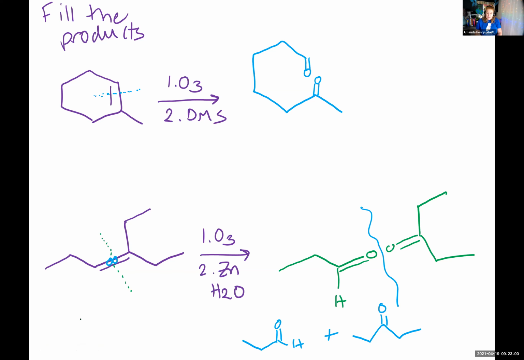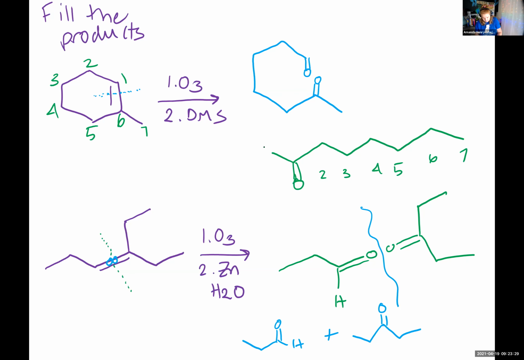And to do it the other way, I'm going to count my carbons. So I have a 6 carbon ring. We'll give that methyl on the end, carbon number 7. So I'm going to start by just drawing a 7 carbon chain. And then we fill in the missing pieces. So I know that carbon number 1 is going to have a double bond to an oxygen.